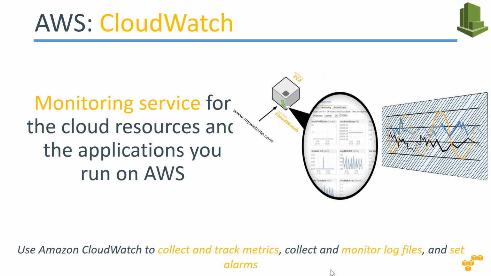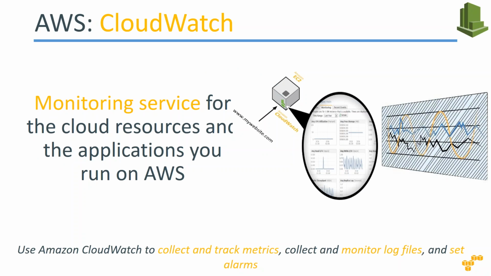When we're talking about CloudWatch, it is a monitoring service for all the resources running on AWS. It can collect and track metrics, it can monitor log files, and you can use it to set alarms as well. Say, for example, you can use CloudWatch to monitor latency on your website and trigger alarms based on that.